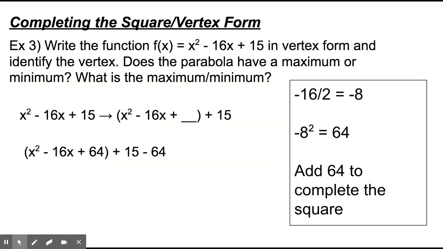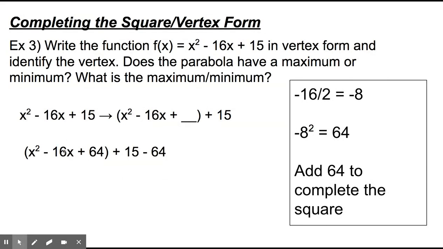So it's really like I didn't change this equation; it's still the original equation of what we had. If we get rid of our 64s, we're left with what we have originally. We're just rewriting it so that we get a perfect square. So by subtracting the 64 on the outside, since we added the 64, those cancel each other out, and we didn't change our original equation in any way.